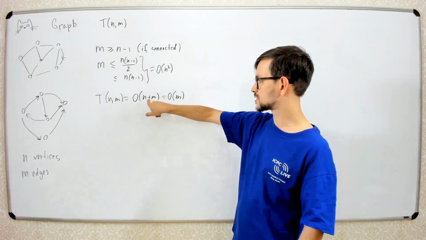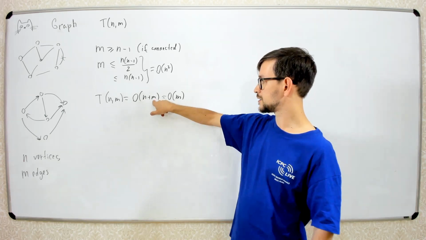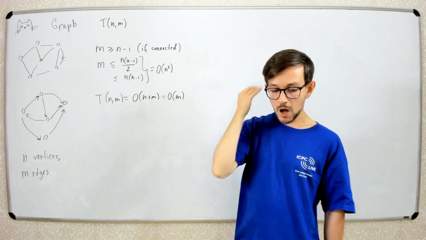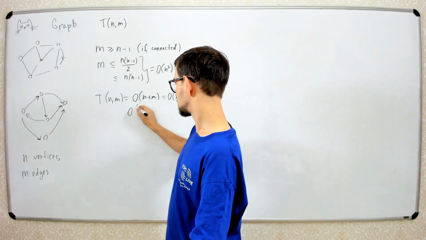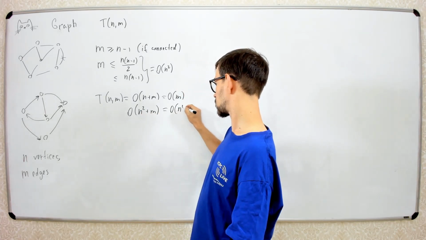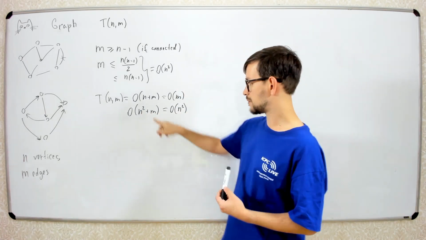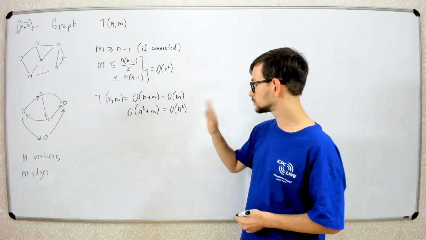So you can replace this n plus m with just m, because this summand is bigger than this. Or, for example, if the time complexity is n squared plus m, I will simply say it's big O of n squared, because m is less than n squared. Just for simplicity. Okay.